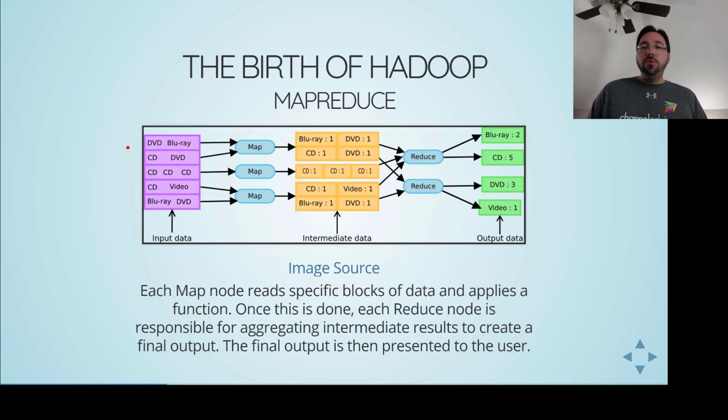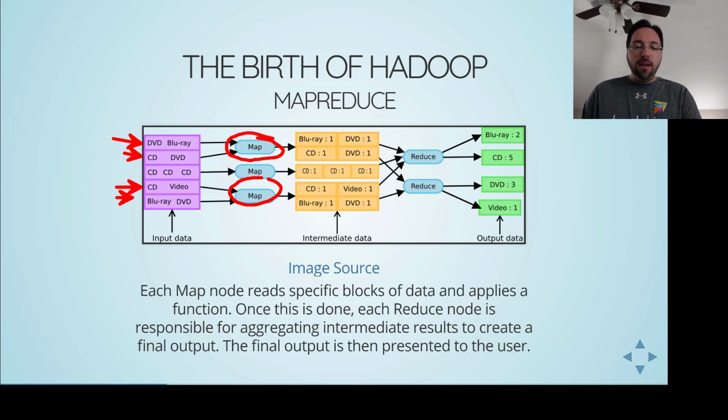The name node will then send my mapping code to one or more data nodes. So these are data nodes. The first data node may have the first two chunks that I'm interested in. This bottom data node may have the last two chunks. And the middle data node has the third chunk.